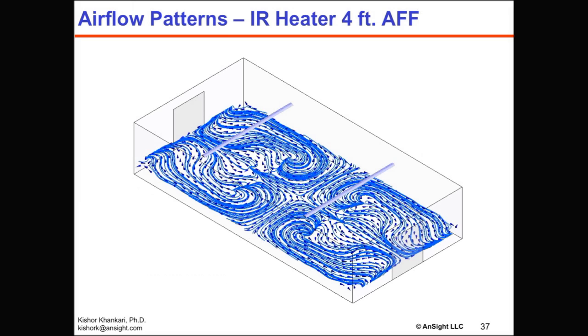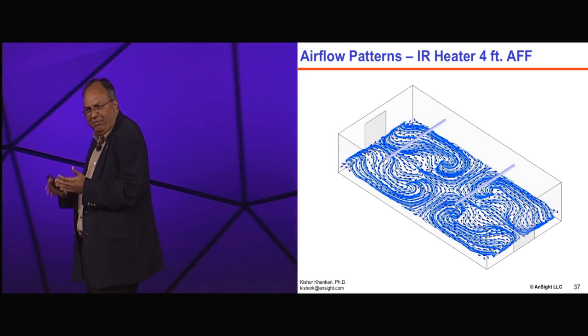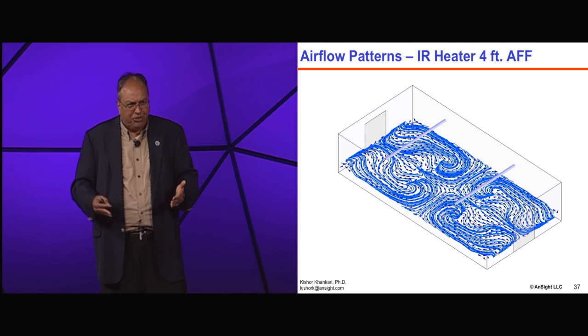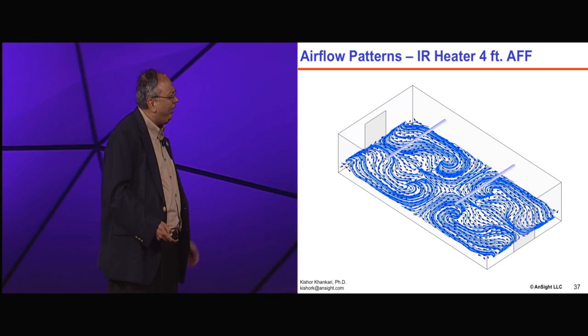At 4 feet from the finished floor, what you see are four beautiful looking airflow patterns, four loops. What's happening is hot air goes up, pulls the cold air with it, and as it goes up, it gets cold and then moves sideways. It creates that churning effect. And you know what churning means? It means good mixing. You need good mixing, which gives you uniform temperature in the space.